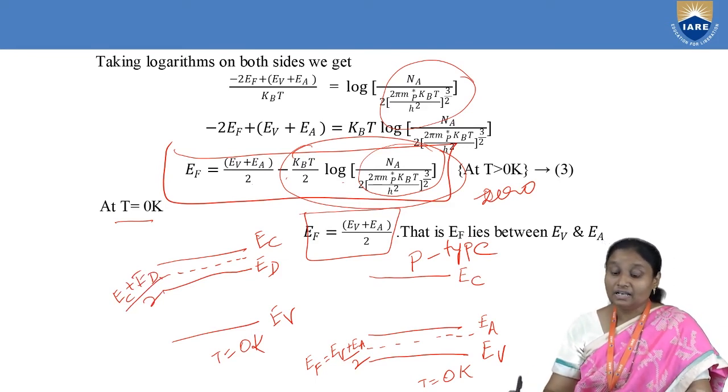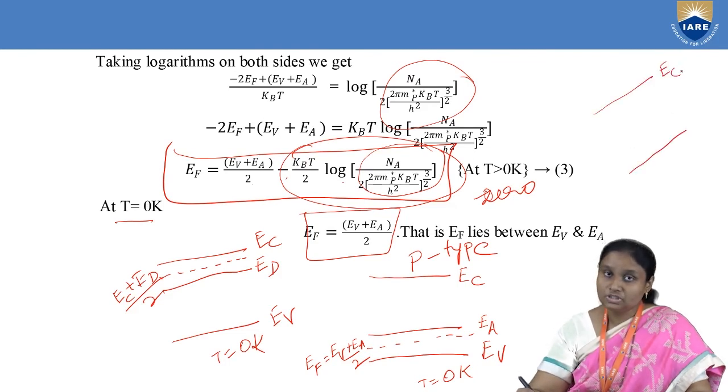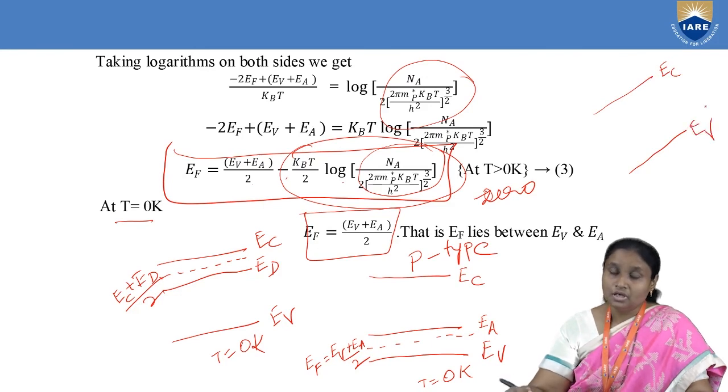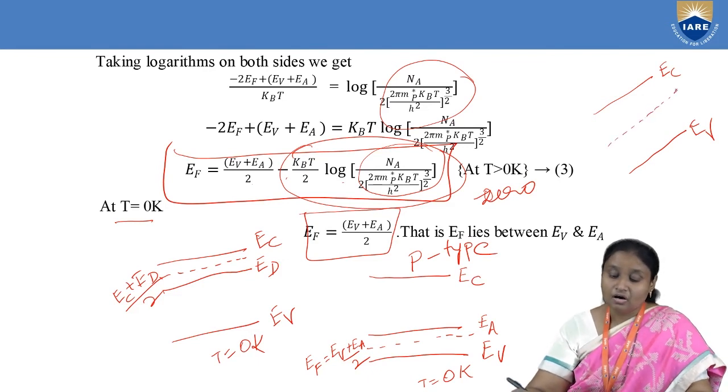Now in intrinsic semiconductors, where is our Fermi level? If we take EC to be the bottommost energy level of the conduction band and EV to be the topmost of the valence band, then our Fermi energy level is exactly in the middle of the forbidden energy gap.